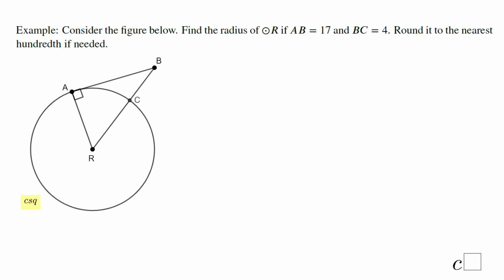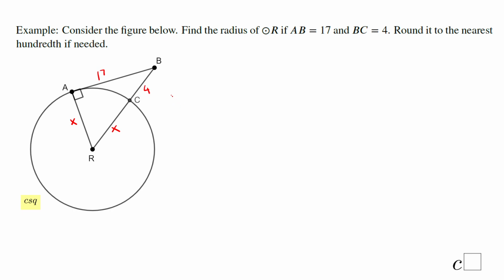Let's see another example. You notice it's very similar. The picture is the same. However, now they said find the radius of circle R. So find this X or this X, right? I call them both X. Both are radii. If AB is 17, this is 17, and BC is 4.